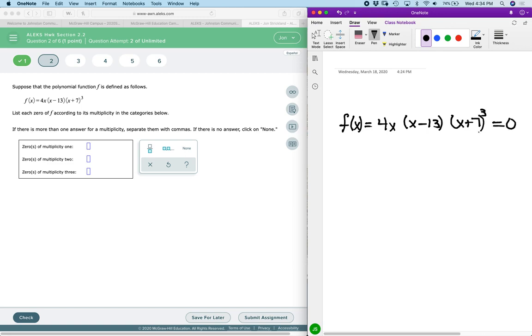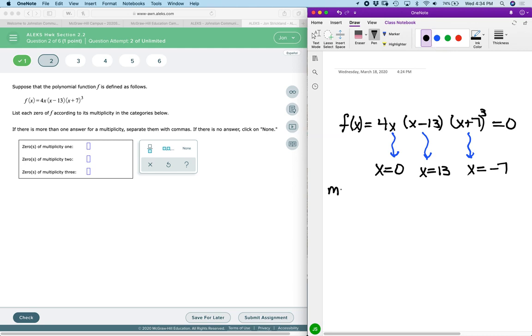If I were to determine the zeros with the factors here: if I set 4x equal to 0, or just x equal to 0, I have x is equal to 0. For x minus 13, if I set x minus 13 equal to 0, I have that x is equal to 13. In the case of the cube of x plus 7, if x plus 7 is equal to 0, I have x is equal to negative 7.